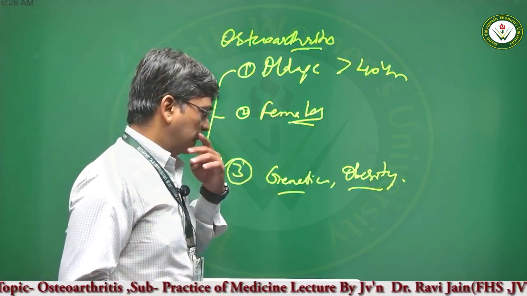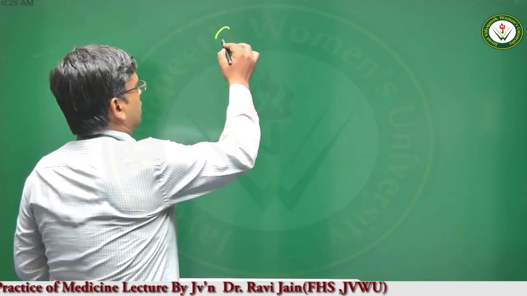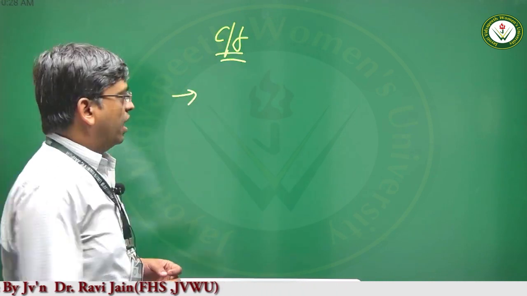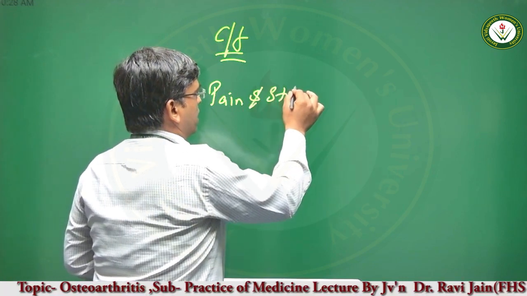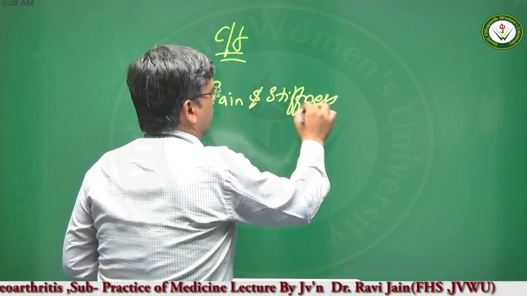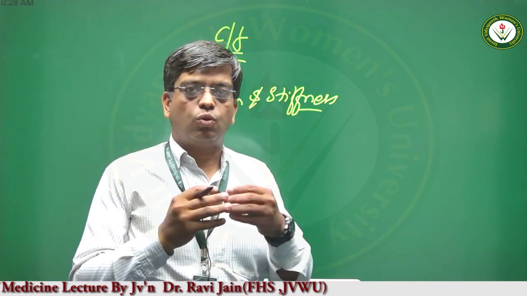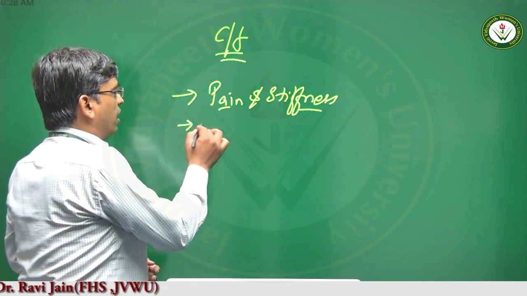Now, what are the clinical features? What are the signs and symptoms included under osteoarthritis? The pain and stiffness of the joints. As I have just told you, there is pain because of the loss of the hyaline cartilage when the two bones are rubbing against each other. So pain and stiffness of the joint is felt.